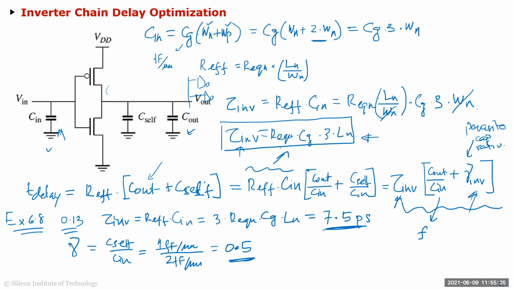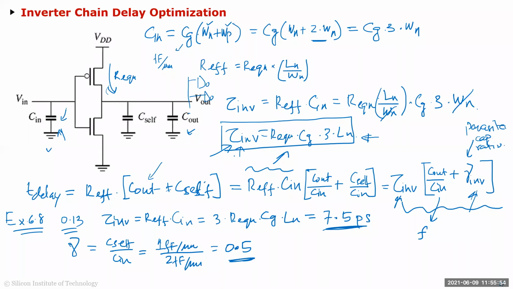Before we did that, we formulated the self-inverter delay, which is basically this R equivalent times this C in. Which is not what is charging, but it is a good metric to show how fast this inverter is in this particular technology. We actually use it in the next derivation.